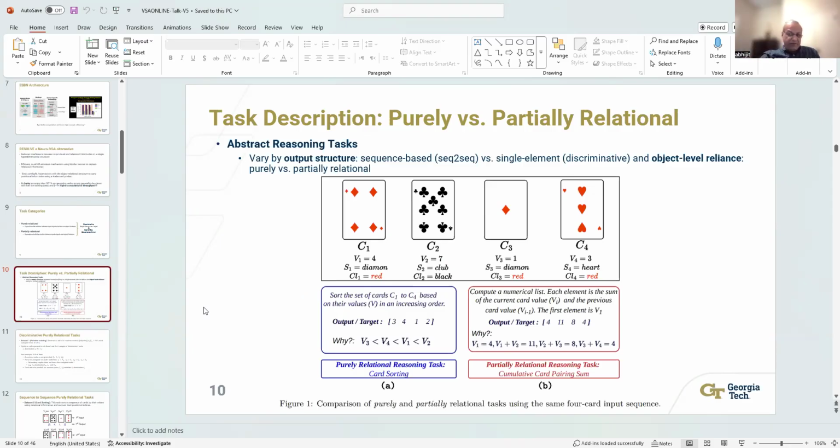The system just reads the 4 cards using just the visual images of these cards. What is also supplied with the 4 cards is the output target vector, which is 3, 4, 1, 2. So I give you 4 cards and I give you 3, 4, 1, 2.